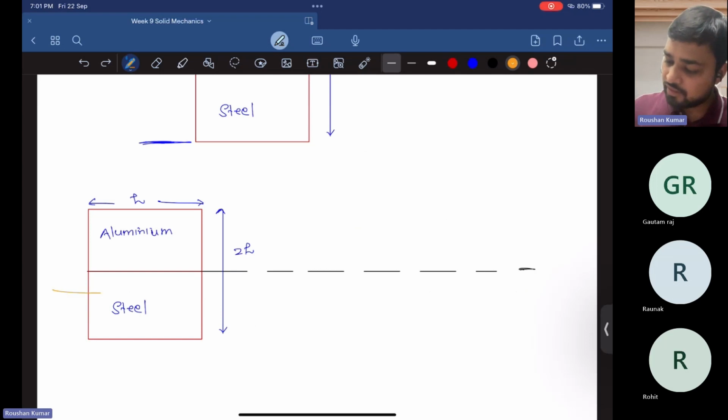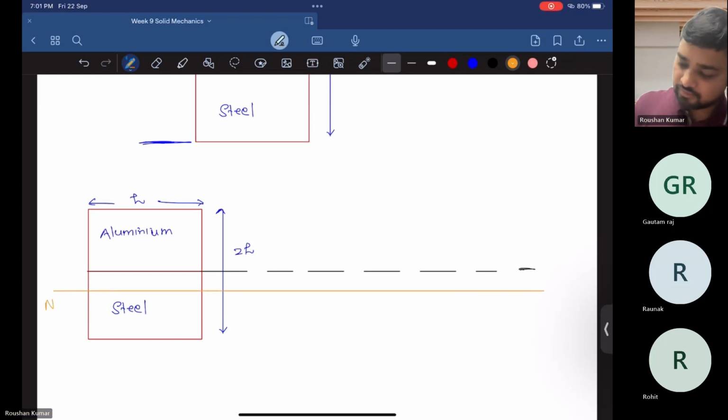We are assuming that it is along this line. This is our neutral axis line, and it is at a distance a.